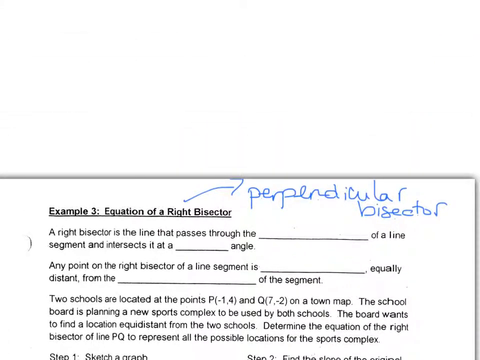So let's draw a line segment here. We'll give a quick example. If this is our existing line segment from A to B, a right bisector would be a line that goes through this line segment. It goes through it and cuts it in half, so right at the midpoint is where it would intersect, and it intersects at a right angle.